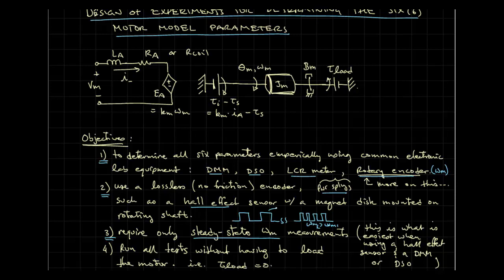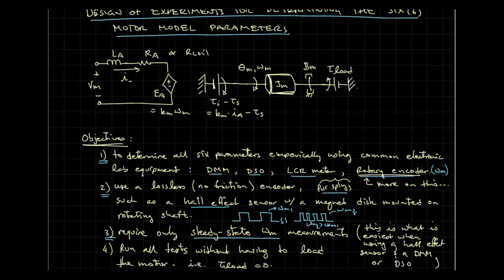The first set of pulses is the case where we're rotating at omega m1. In the second set of pulses, we're rotating at omega m2. It's clearly spinning faster, and we have to use a DSO or a multimeter to actually measure this frequency.